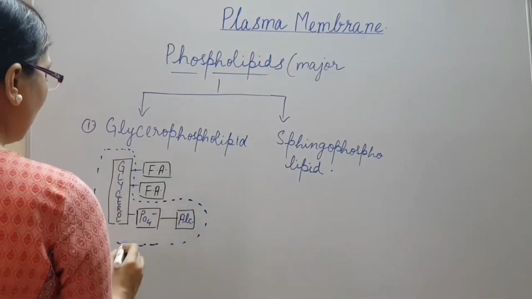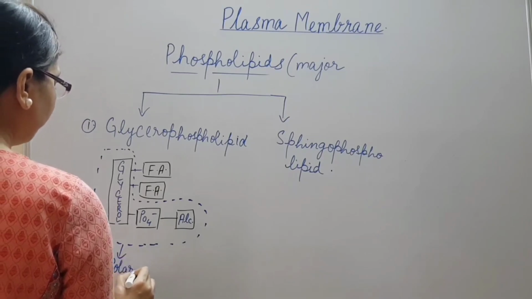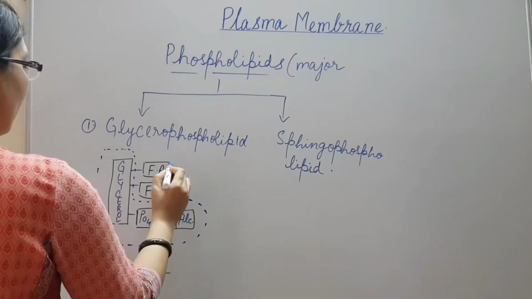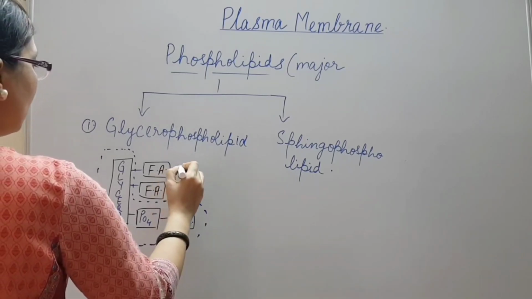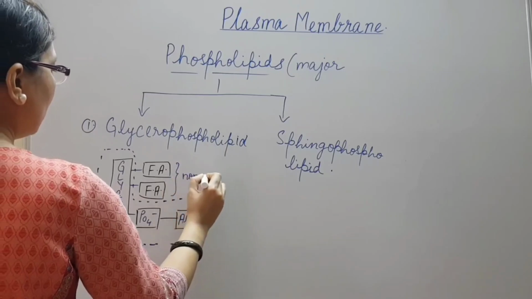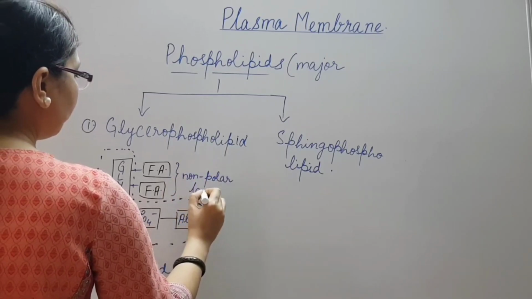This forms the polar head, and these fatty acid chains form the non-polar tail.